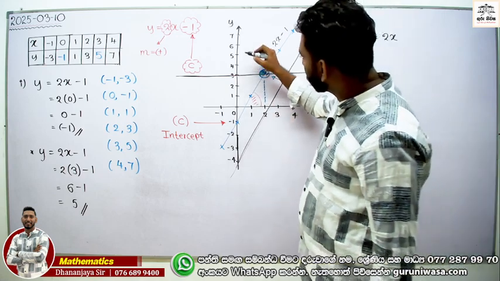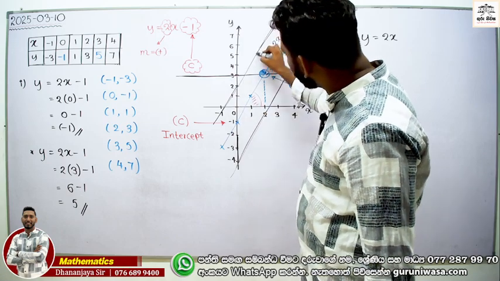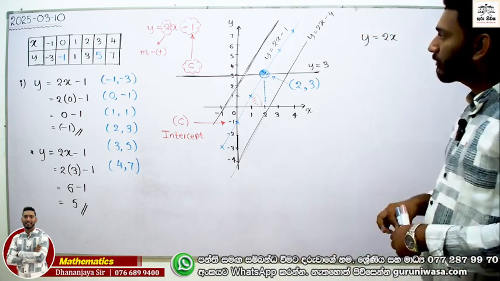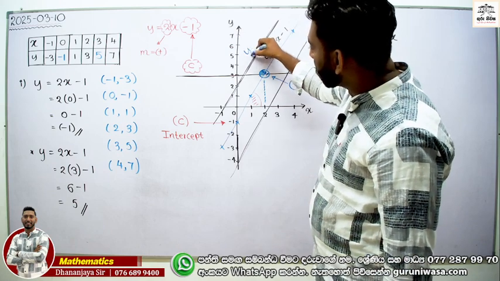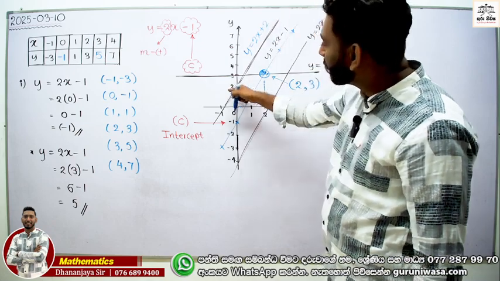Now look at this. Draw through 2, parallel to this graph. Now tell me the equation of that graph. This graph will be y equals 2x plus 2 because the intercept is 2.